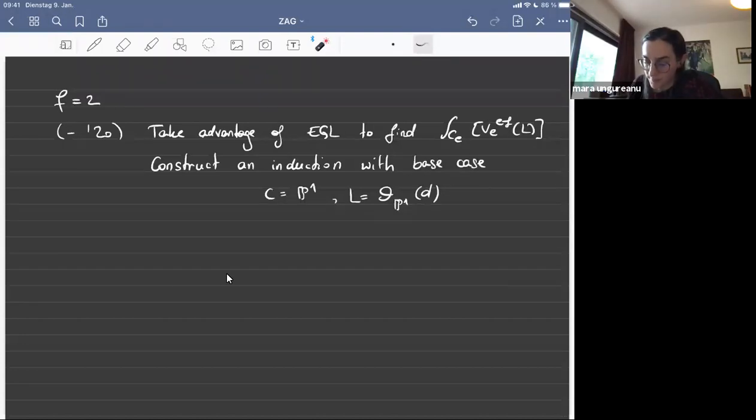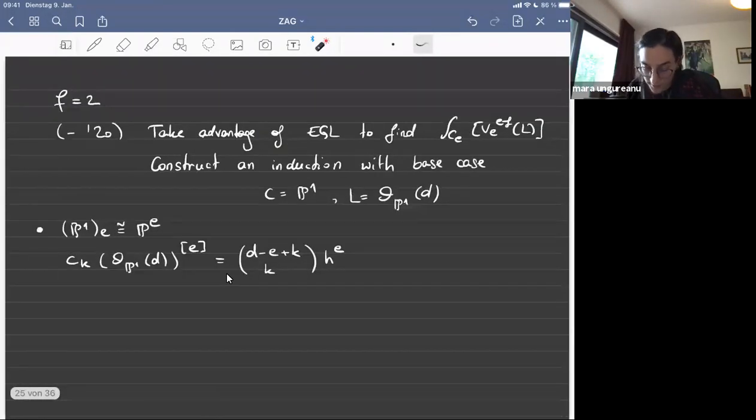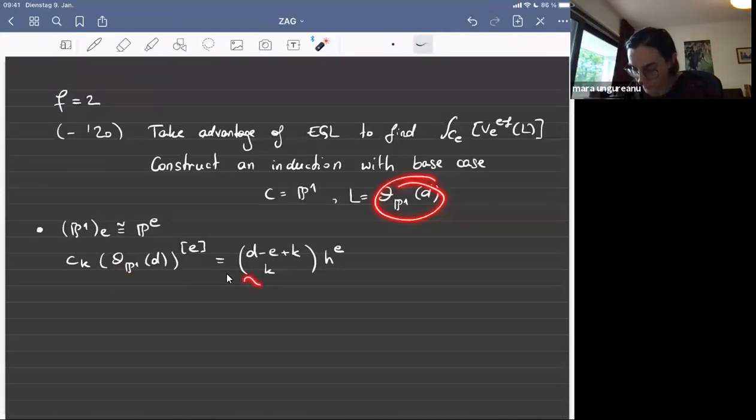And why am I choosing this? Because I know immediately what the symmetric product of the projective line is. The n-th symmetric product of the projective line is just P^n. And I also know how to compute the Chern classes of the tautological bundle, where H is the hyperplane class.